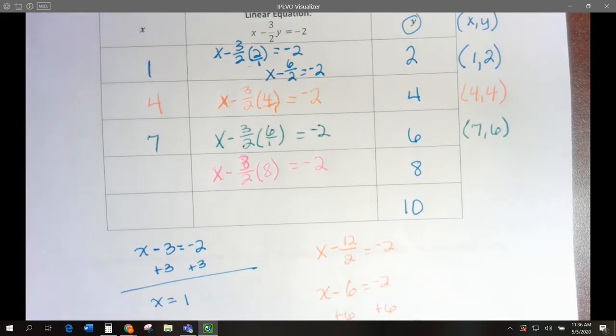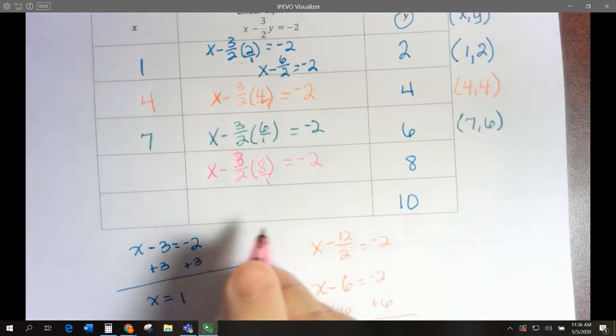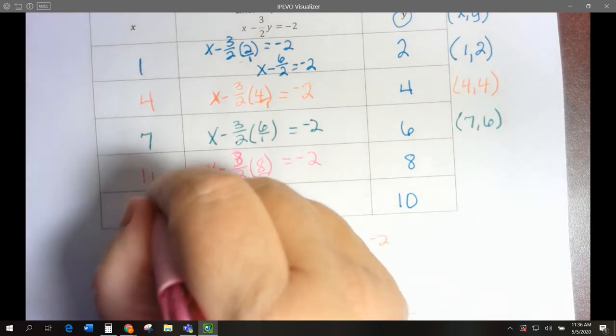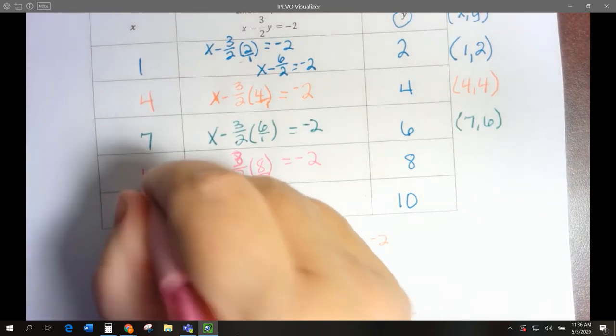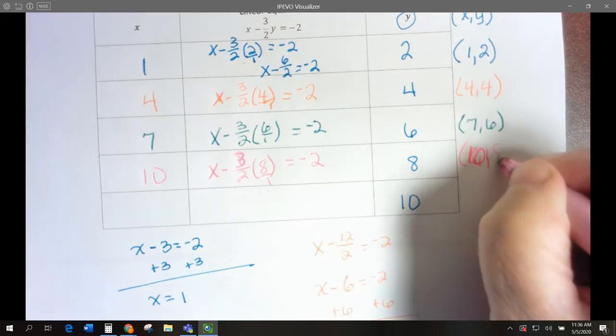So over here we're going to have x minus 3 times 8 is 24, 2 times 1 is 2, equals negative 2. 24 divided by 2 is 12, so x minus 12 equals negative 2. Add 12 to both sides, and x is going to equal 10. So this coordinate point is going to be 10, 8.